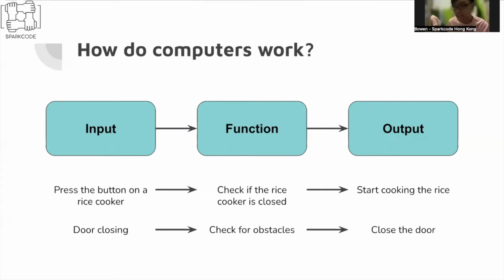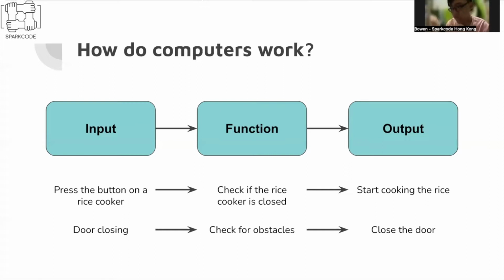In simple terms, input is basically the button or the thing that you press or activate. For example, we have the rice cooker. I think you're not unfamiliar with a rice cooker, you have it every day. Maybe you press the button of the rice cooker, and it's going to cook the rice. So the button is the input.